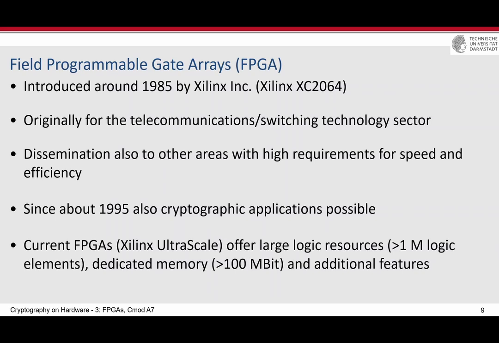The current FPGAs, the family of the Xilinx called UltraScale and UltraScale Plus, offer a huge number of resources. For example, more than 1 million logic elements, which we will see in more detail, some dedicated memory inside, more than 100 megabits of data, and many other features for DSP, for example, processors, and even some ARM core as a CPU inside, and USB functionalities, LAN support, VGA or HDMI support, and many other things.